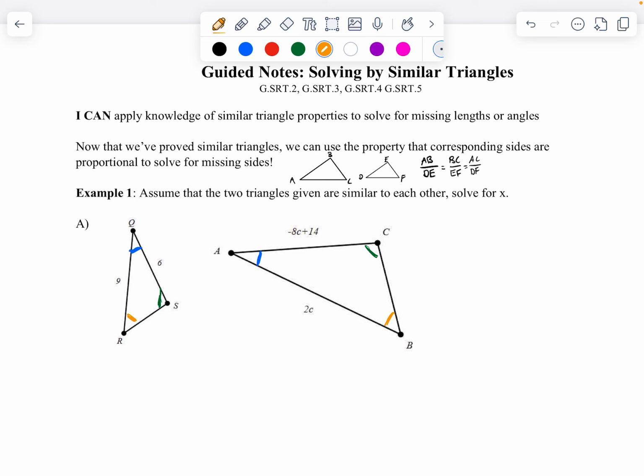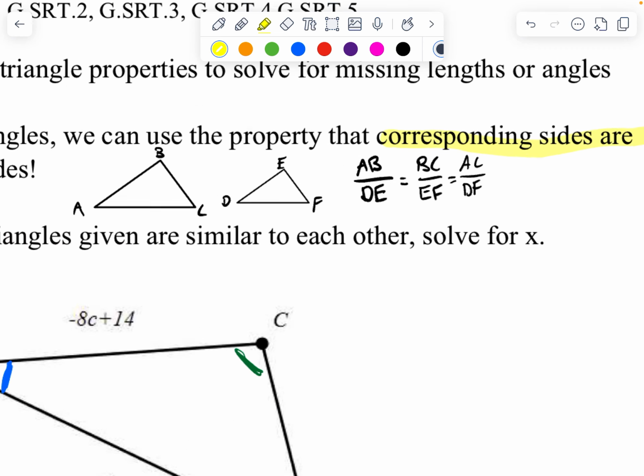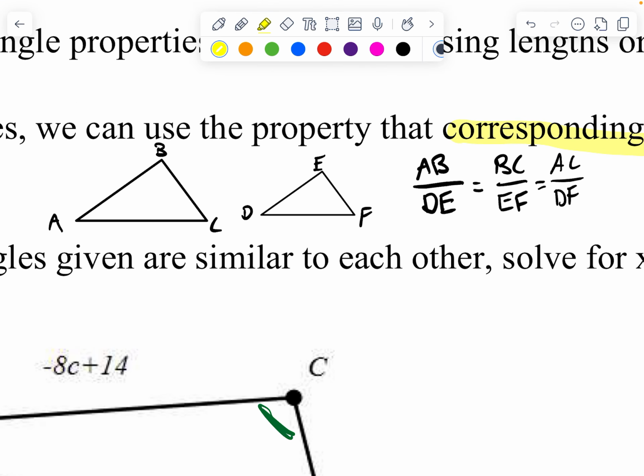The second and most important property we'll be using today is that corresponding sides are proportional, right? So remember corresponding sides, so for example, longer side to longer side, right? Not longest, that would be this side to that side. But the proportion of those two yellow highlighted sides is AB to DE, or you could do DE to AB, doesn't matter which way it goes as long as you stay consistent.